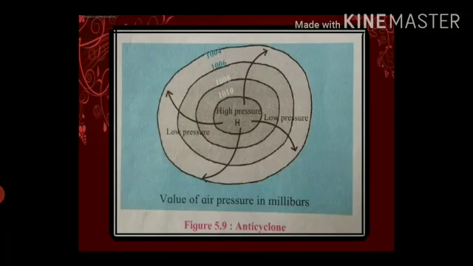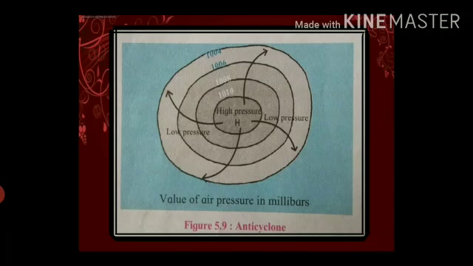So children, anticyclones are completely opposite of cyclones. Now these take place under specific atmospheric conditions. During cyclonic conditions, a low pressure area is surrounded by a high pressure area and the winds blow from the high pressure area towards the low pressure area.